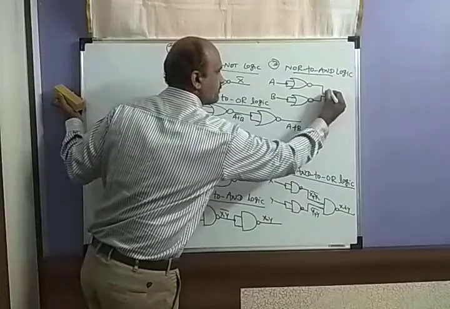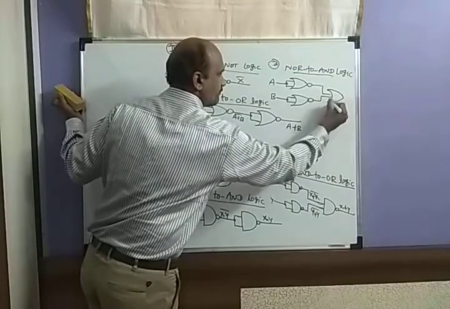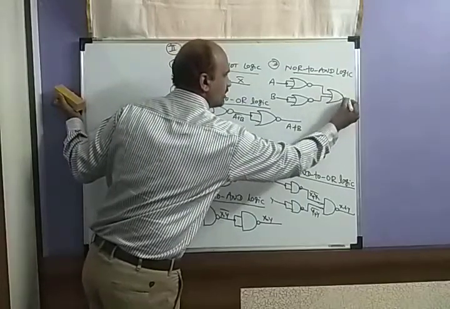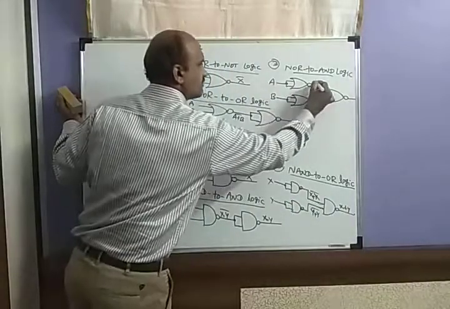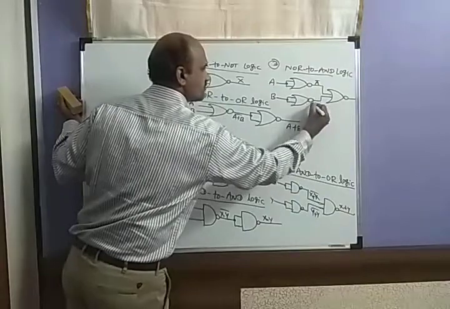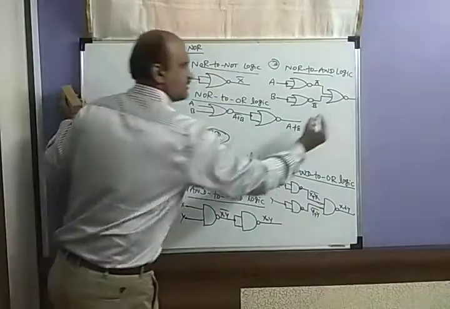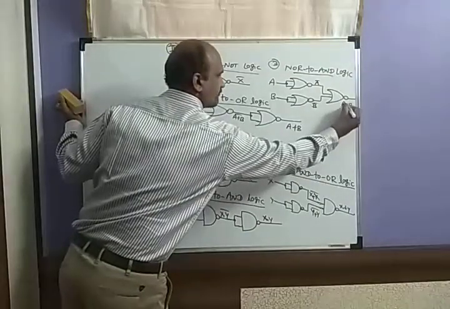So it becomes like this. Here it becomes A bar, here it becomes B bar, so it becomes A into B.